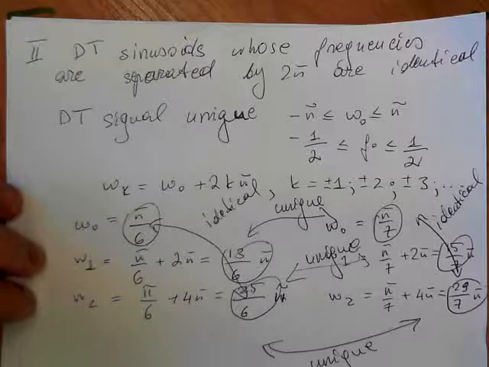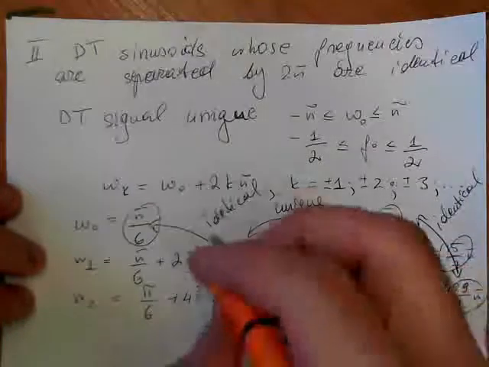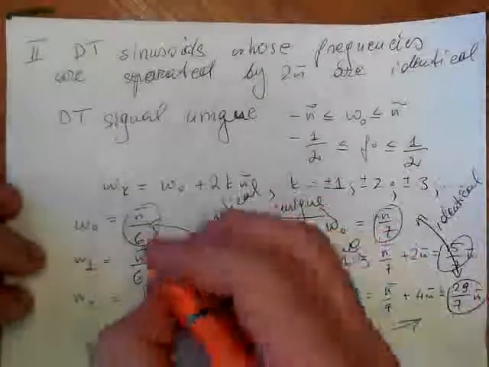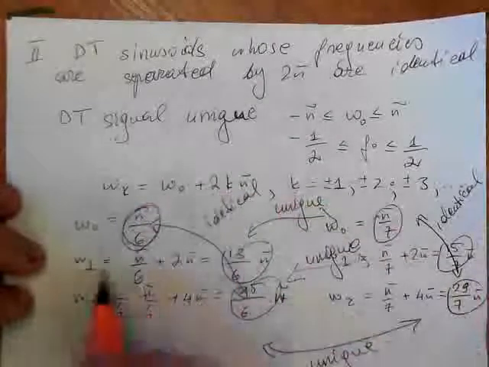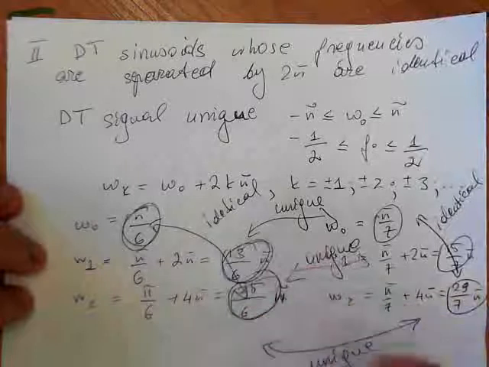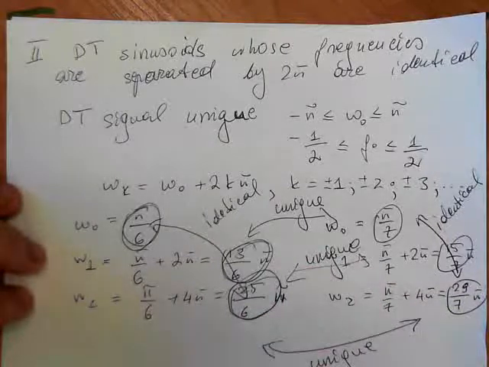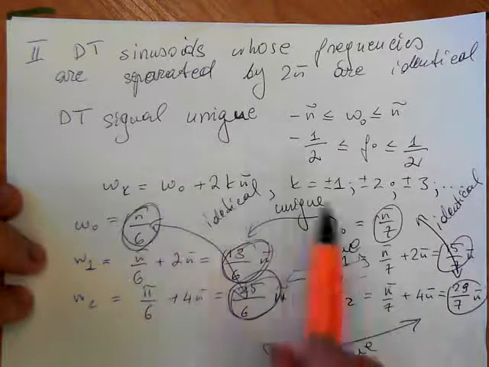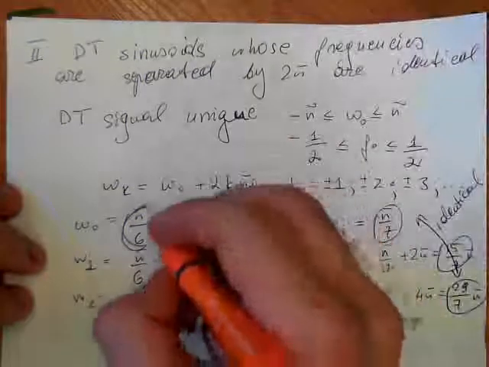So the third property, so this was the example of aliasing. Aliasing basically is that a signal having this frequency is similar to this and is similar to this, but this signal is unique to this.